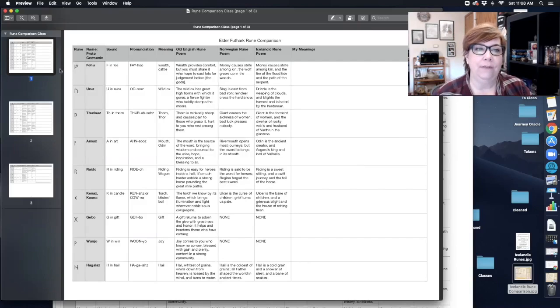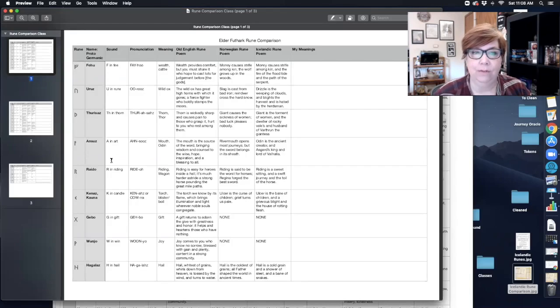So what you have here is the rune itself. You have the Proto-Germanic name, and that's the important thing here. We're going to talk about all of this, I'm just in typical Kelly babble sense wanting to go over the handouts, and we're going to talk about this more thoroughly in a minute. We have the Proto-Germanic version of the name, the sound that it is, because this is an alphabet, right?